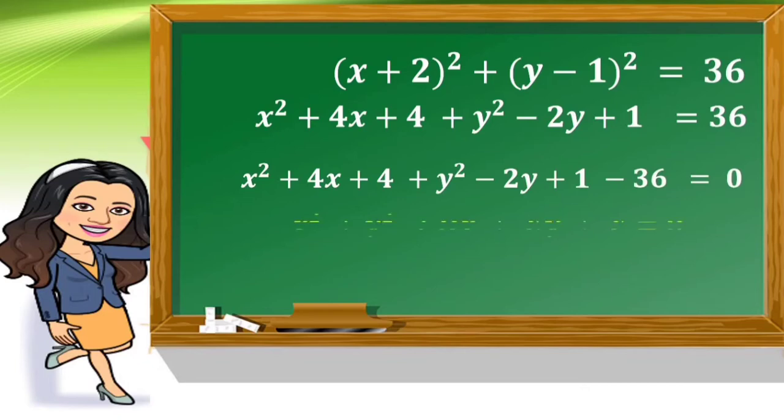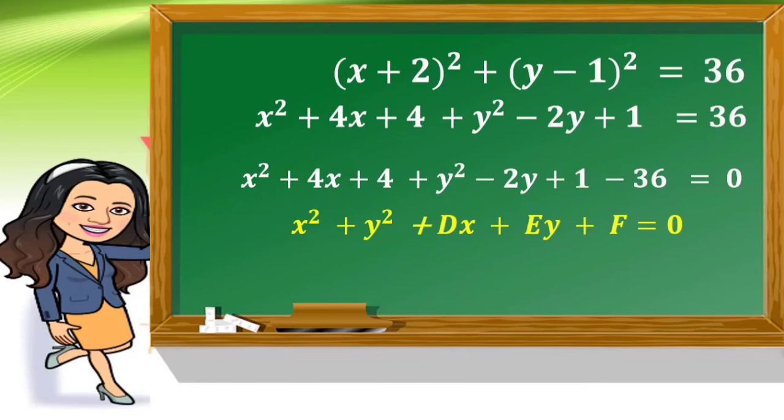Then, recall that the general form of the equation of the circle is x squared plus y squared plus dx plus ey plus f is equal to 0. The first term is x squared and the second term is y squared, and that is given in our equation. The third term contains the literal coefficient of x, and that is 4x.